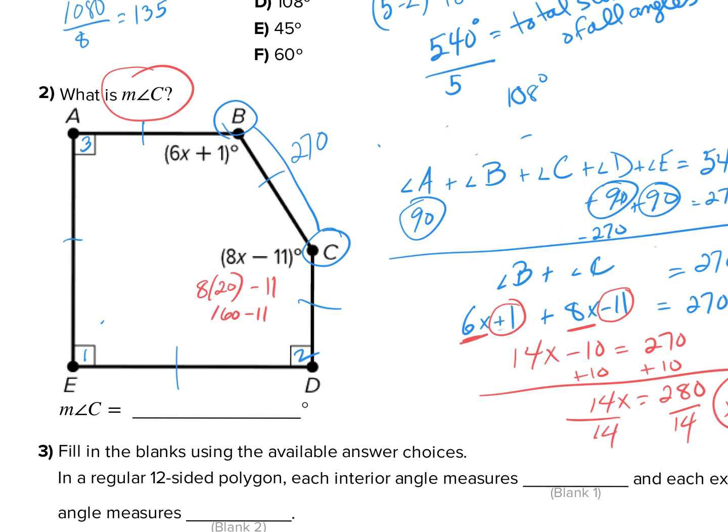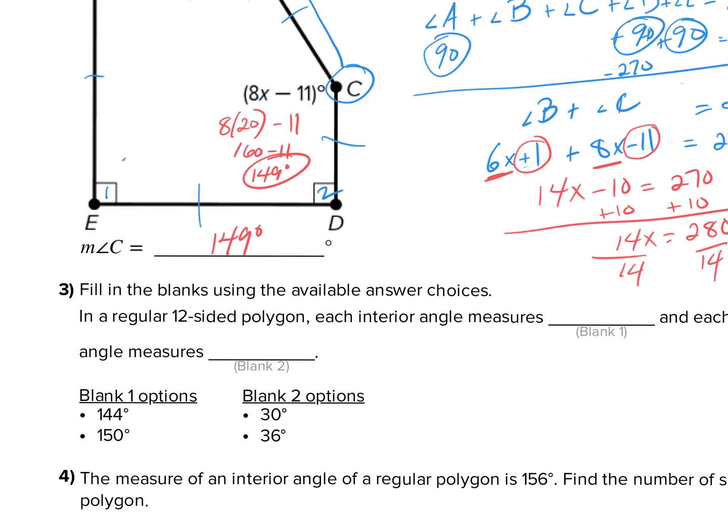And then I'm going to subtract 11, which is 149. Is our correct answer if I did my math correctly. So 8 times 20 is 160, and when I subtract 11, I do get 149. Okay, so the measure of angle C is 149 degrees.